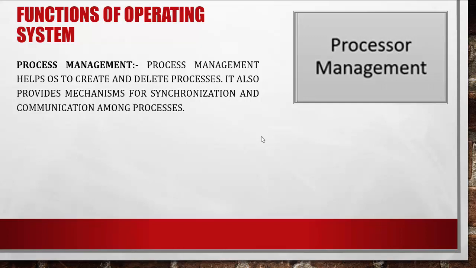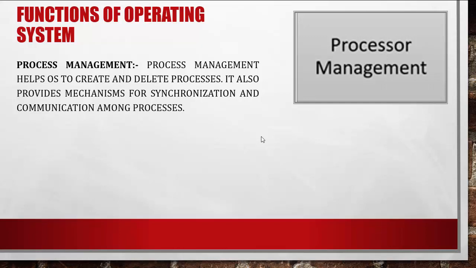Okay, so it also gives the mechanisms for synchronization and communication among processes. At the same time, in our system, say for example laptop or computer system, so many processes are running. If any process requires any other process, then the communication between those processes is performed.